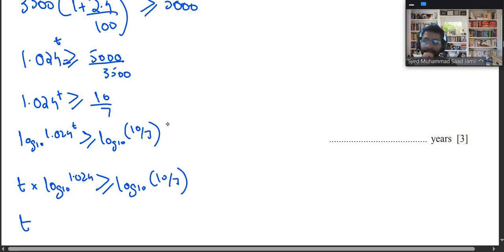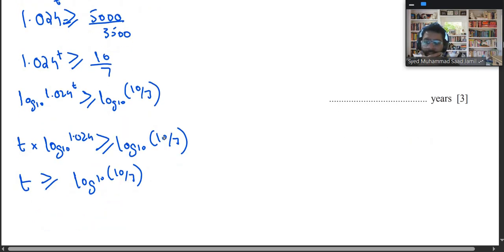So t is greater than or equal to log 10 upon 7 divided by log 1.024. Use your calculator.